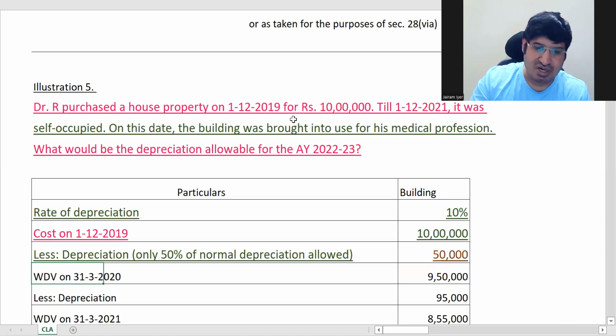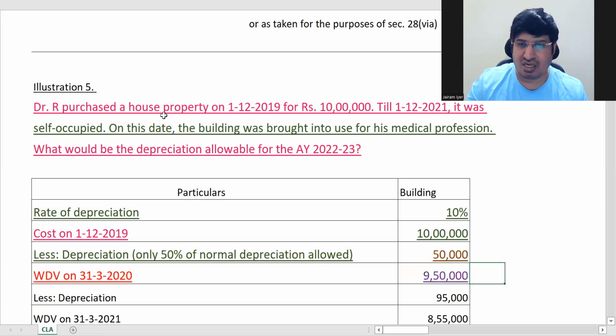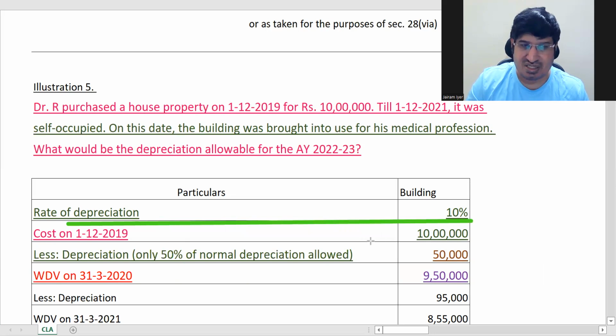This is now your WDV on 31/3/2020. Okay, WDV on 31/3/2020 is 10 lakhs minus. Okay, so what did we do? Your first rate of depreciation was this, starting with cost of 10 lakhs.